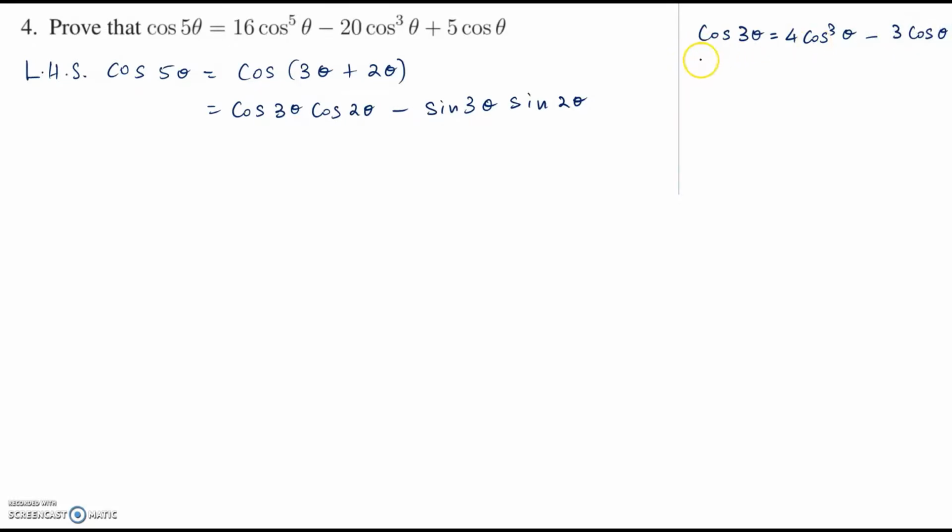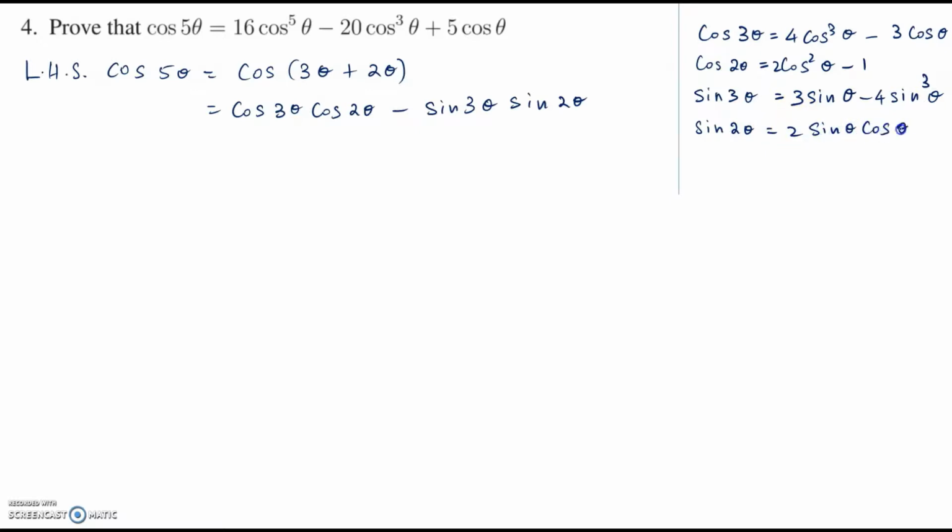Then the second formula that we would use is cos 2 theta is equal to 2 cos squared theta minus 1. Then sin 3 theta is equal to 3 sin theta minus 4 times sin cube theta. Then sin 2 theta is equal to 2 times sin theta cos theta. So these are the 4 formulas we'll end up using here.